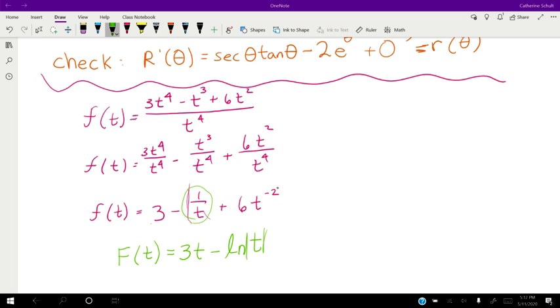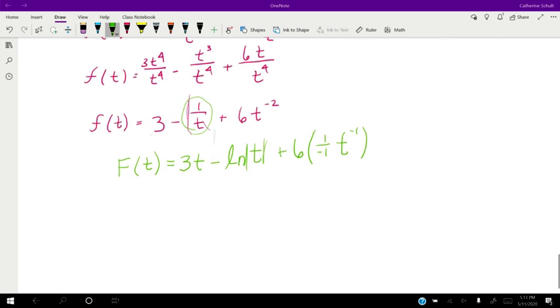All right, and then finally we have our last one. We have to think what function has the derivative of 6t to the negative 2? All right, well, we can start off slow. We can ignore the 6 till later. We're going to add 1 to the exponent, so negative 2 plus 1 is negative 1. And then we have to divide out by that exponent. So we're multiplying it by negative 1. Something like that. All right, so then let's clean it up.